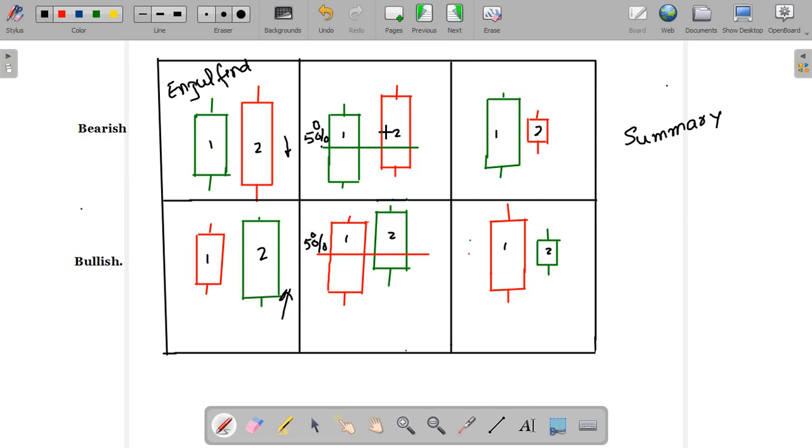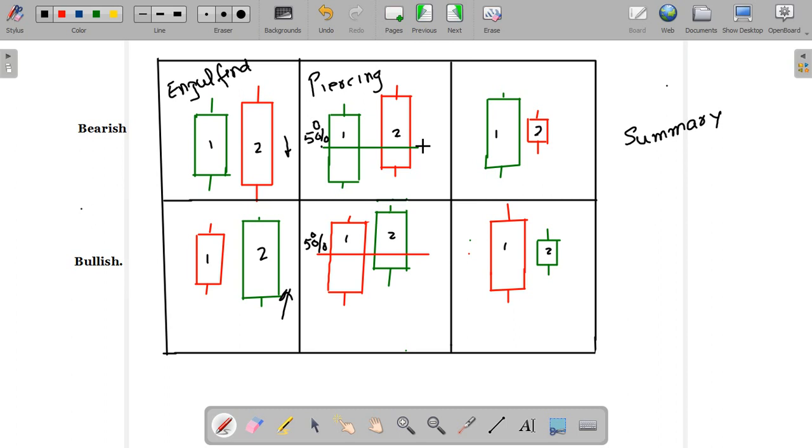Now this is a piercing pattern. The second candle here is piercing 50% of the first candle. The opening is above the opening of the first candle, and the closing is below 50% of the first candle.